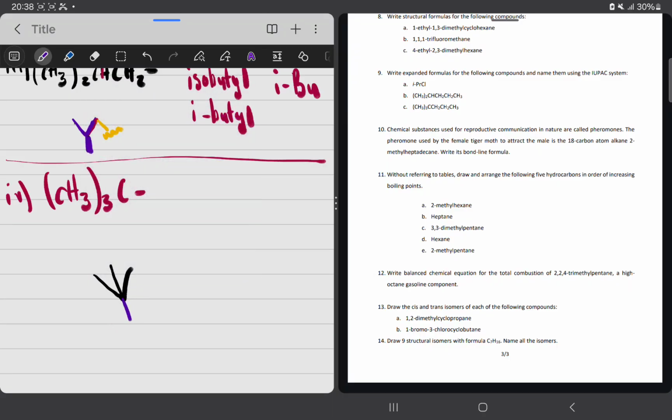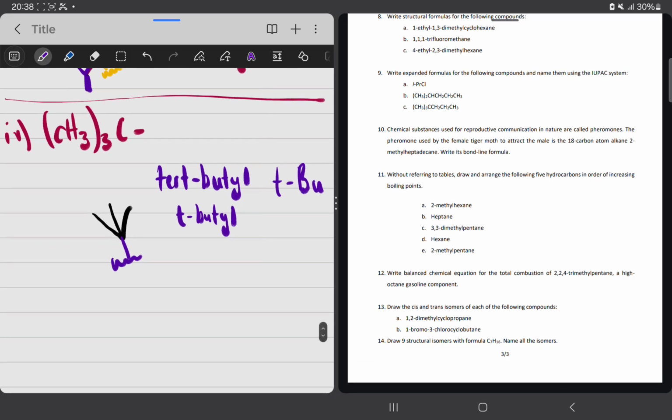Now you can show the other bond, which goes out like that. Okay, that is going to be your tert butyl, or you can say T-butyl, which is going to be TBU for tert butyl.